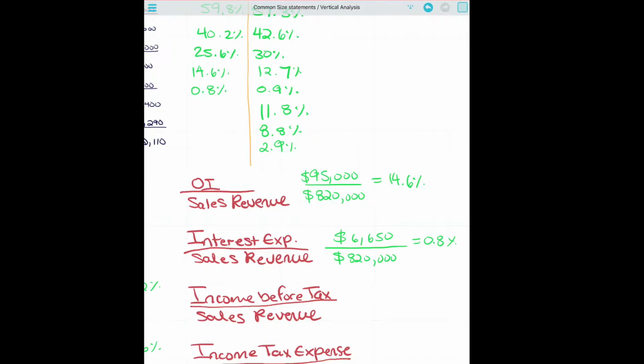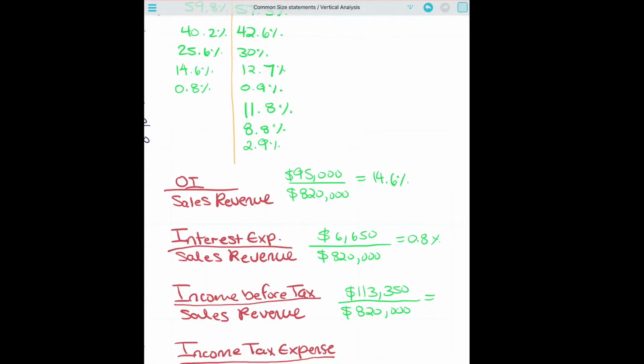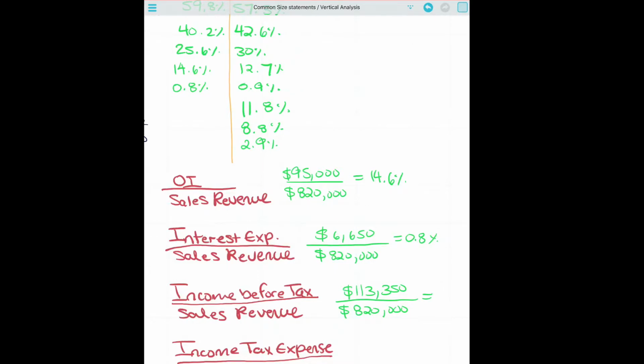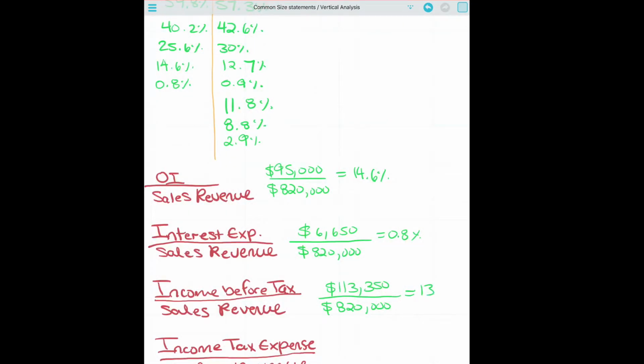Income before tax is $113,350 divided by $820,000 equals 13.8%.